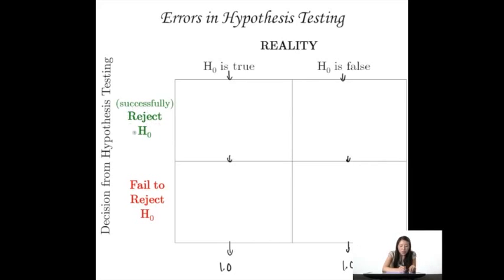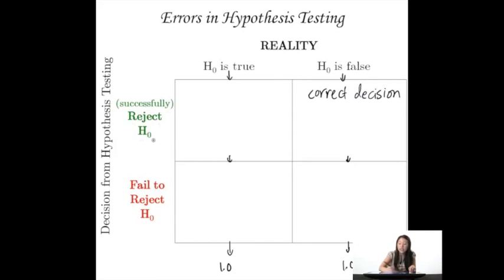Here's the thing. When we reject the null hypothesis and say, this sample did not come from this population, if it really didn't come from that population, we would be correct here. This would be a correct decision, right?